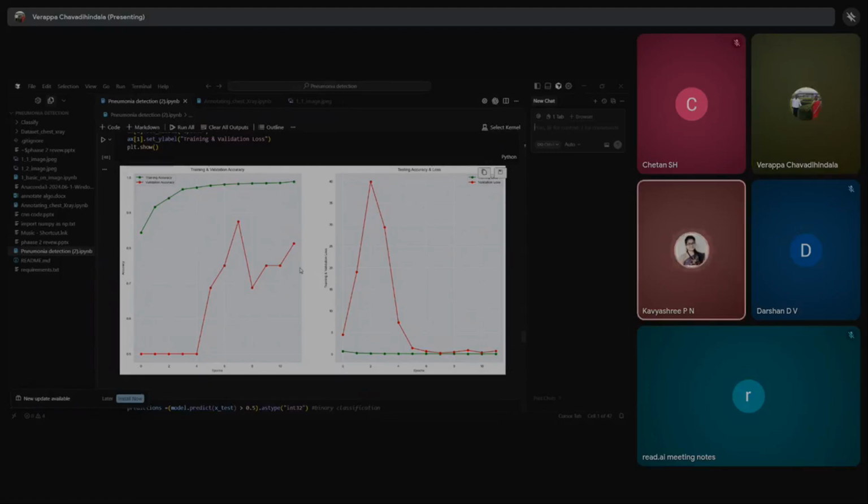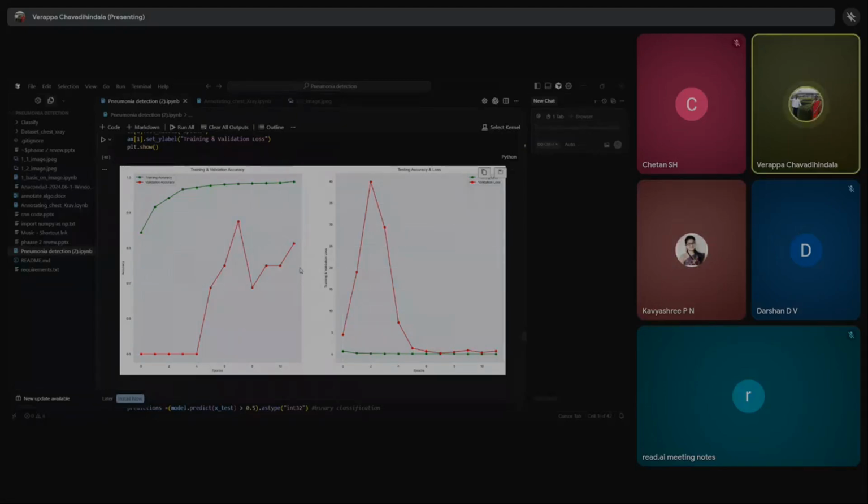On the left side you have one graph, right? What is that graph telling? Training accuracy and validation accuracy. Testing accuracy and loss. So whether it is coming in the correct one? No, ma'am. It explains the training accuracy and validation accuracy.